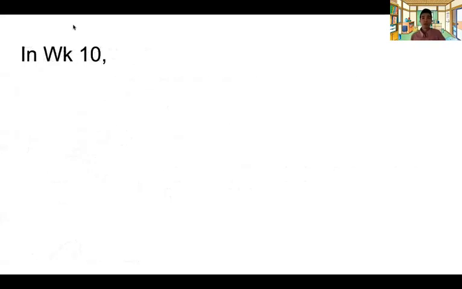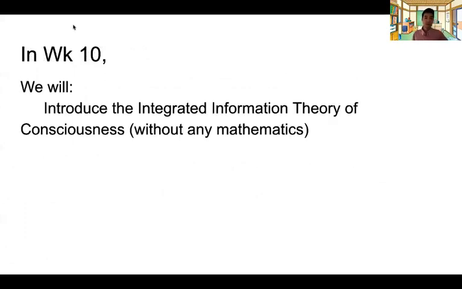So in week 10, this week, we will introduce the integrated information theory of consciousness. This focuses more on the relationship, complexity, and information aspects of the process, but more important aspects I'm going to explain.